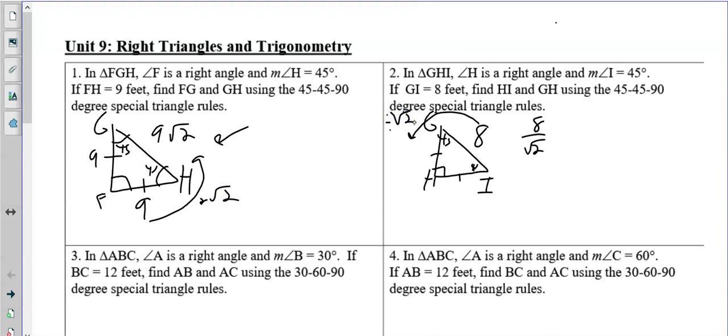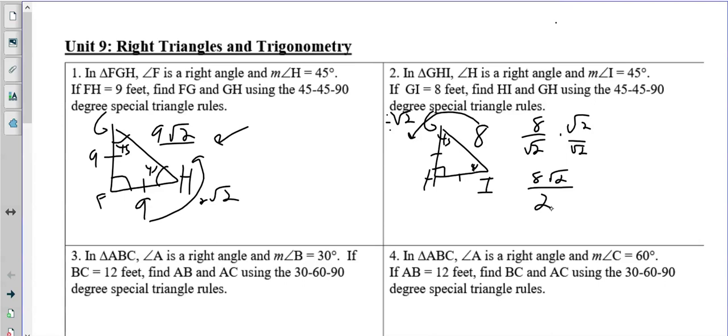But if we have a radical on the bottom, we need to get rid of it by rationalization. When we do that, on the top we get 8 radical 2, kind of like over here, we just got 9 radical 2. Just slap it on. But on the bottom, remember, radical 2 times radical 2 is radical 4, which simplifies to 2. The shortcut is that a radical times itself is just the thing under the radical.